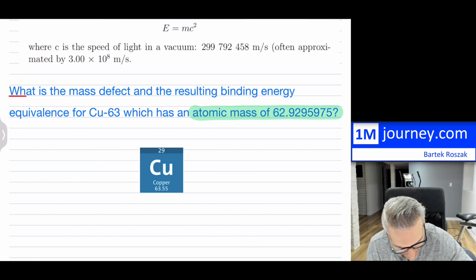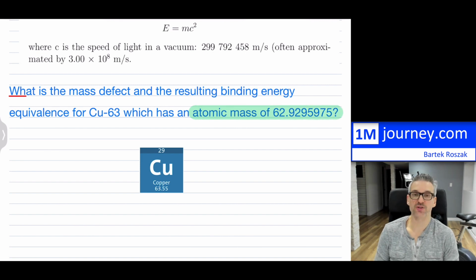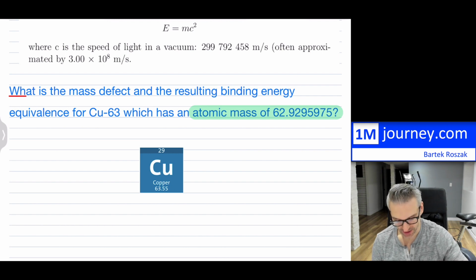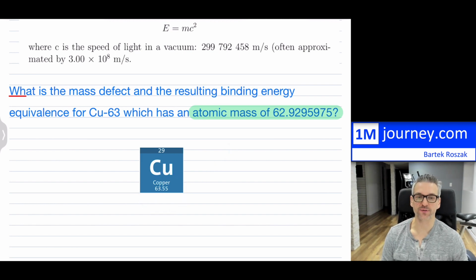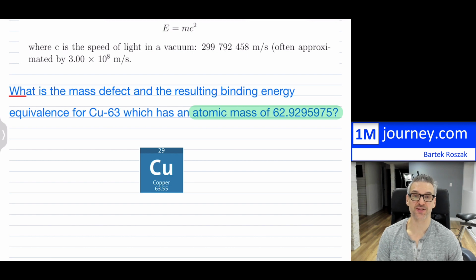The atomic mass for this copper-63 is 62.9295, etc. When you look this up on the periodic table, you'll often find that the atomic masses are different than for the individual isotopes.